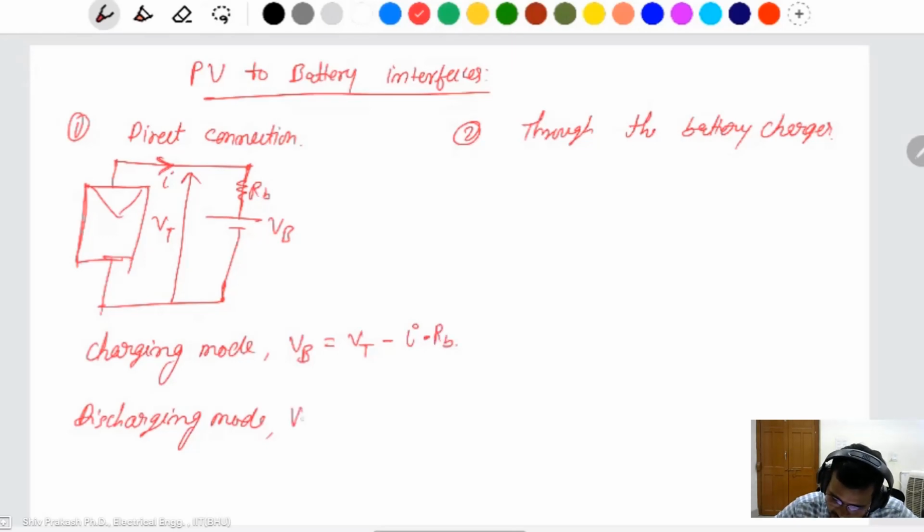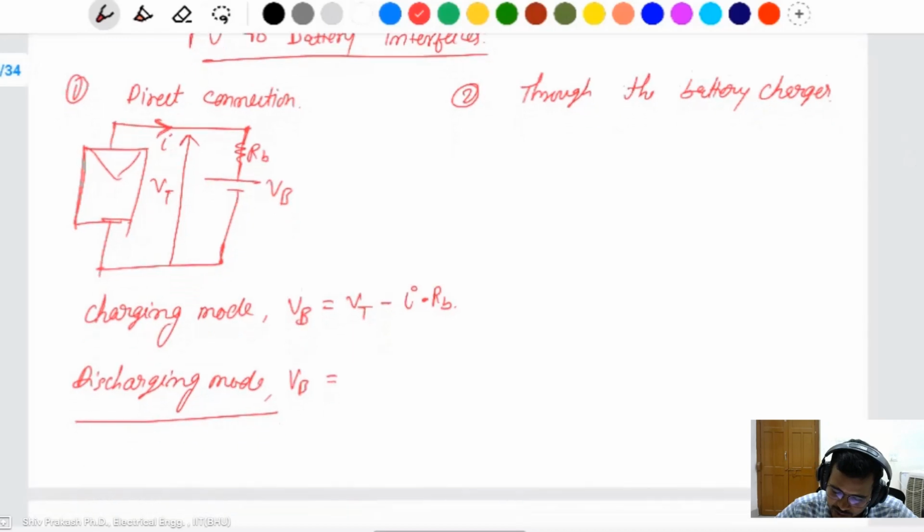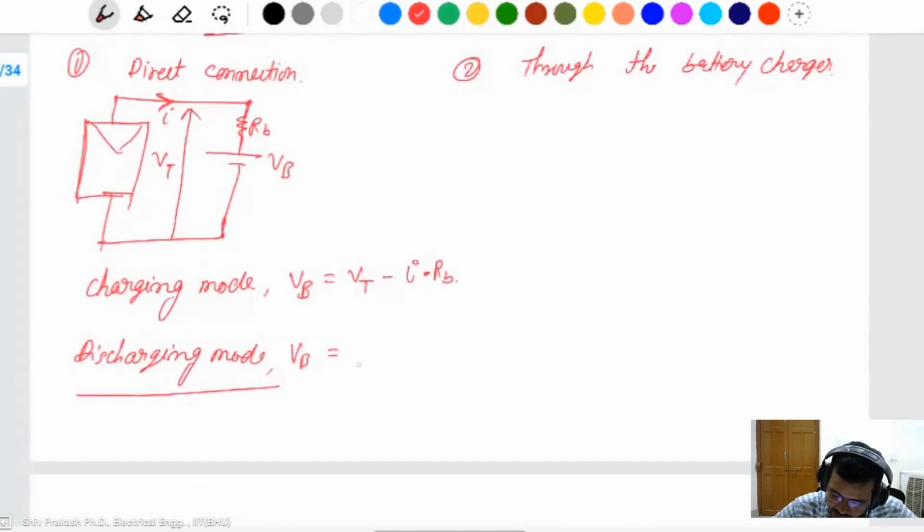And in the discharging condition, discharging means the battery supplies the load. In that condition, the terminal voltage, I can say, is the load voltage plus IB into RB.